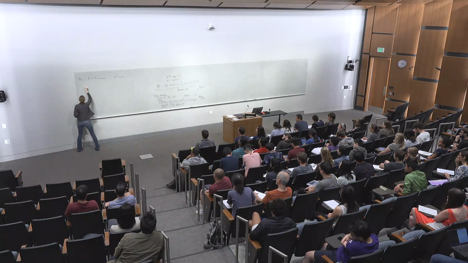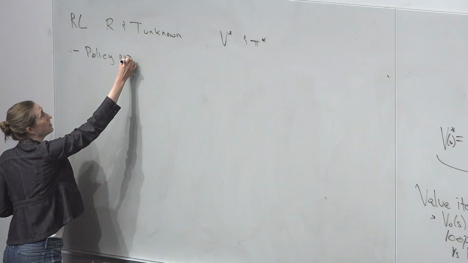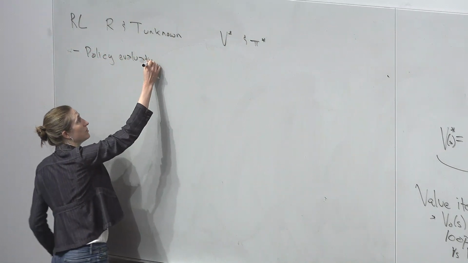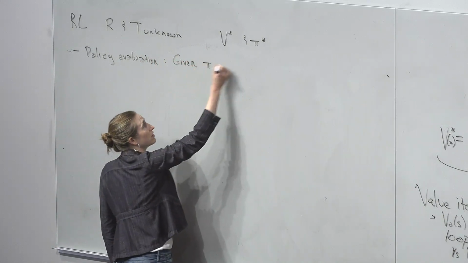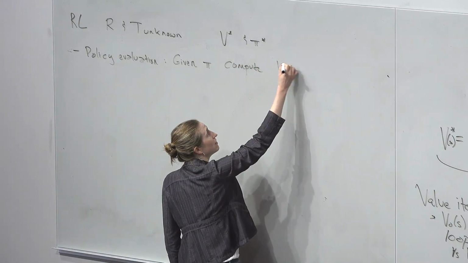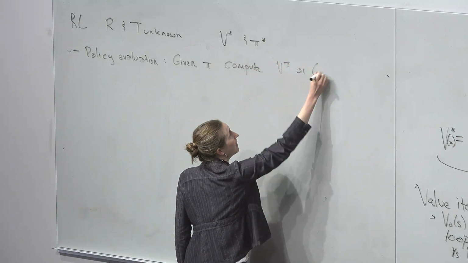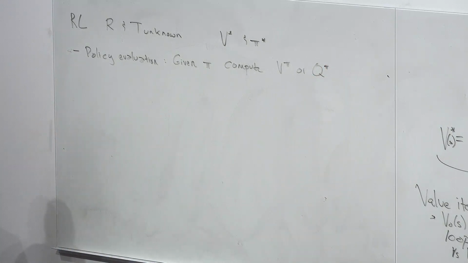We're going to start by doing policy evaluation, which we just talked about for policy iteration, which means that, given pi, compute V pi or Q pi, but now without access to the reward function or the dynamics model.